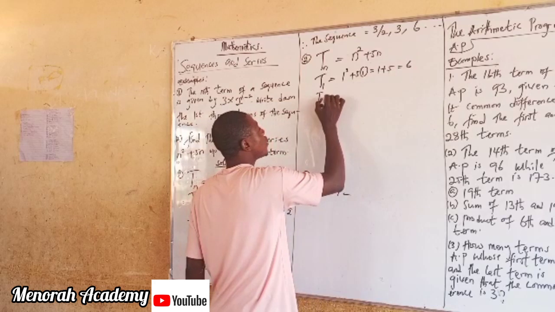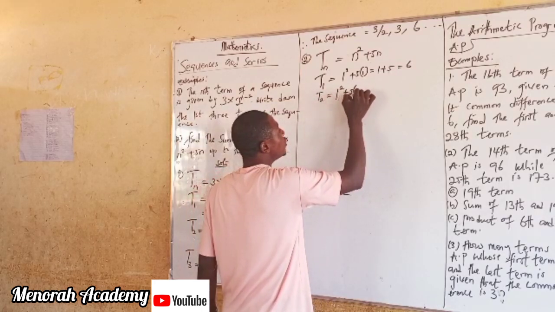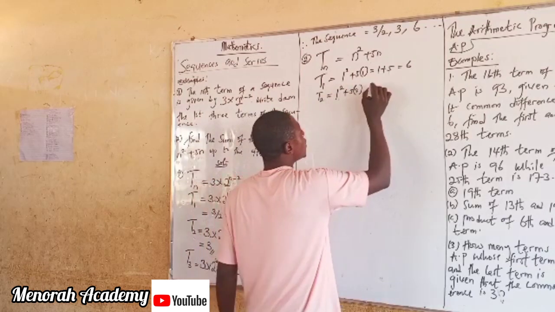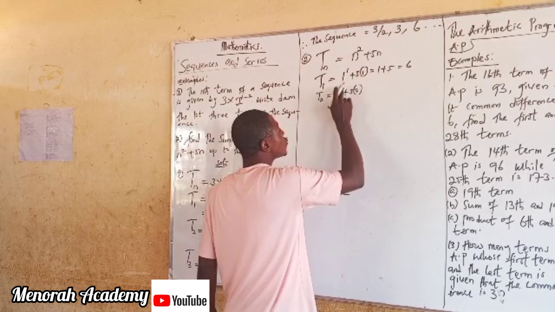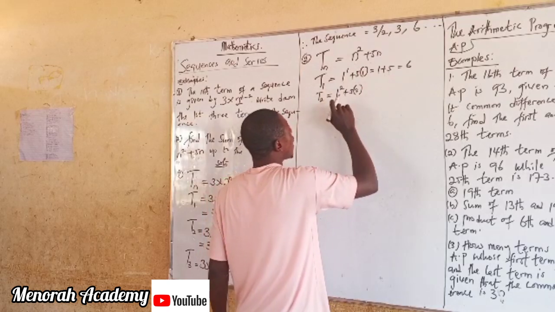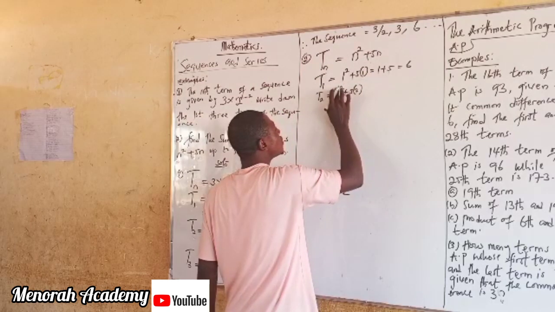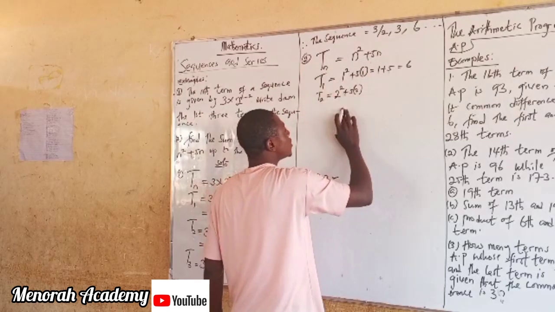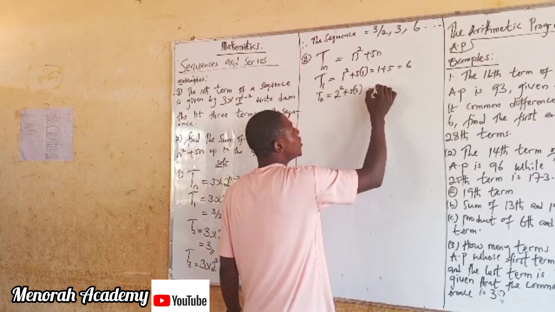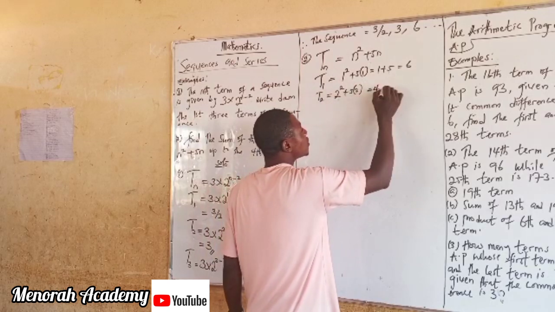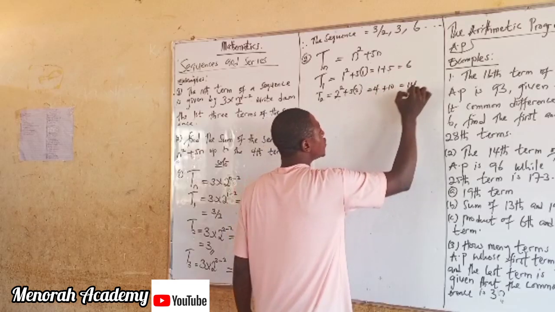So T of 2 now will be 2 squared plus 5 into 2. 2 raised to the power 2 is 4. Then 5 times 2 is 10. So 4 plus 10 is 14.